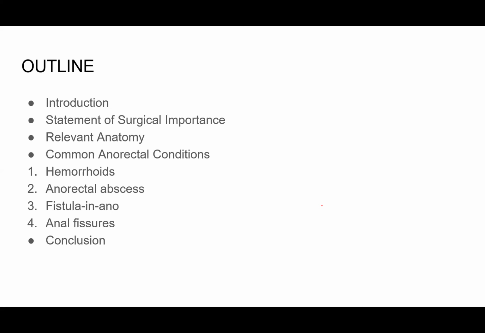Thank you for allowing me this opportunity. Thank you, Dr. Amadi, for the wonderful presentation. I was just wondering, the four conditions you presented: hemorrhoid, abscess, fistula, and fissures, may not be all the benign conditions that are seen in the anus.